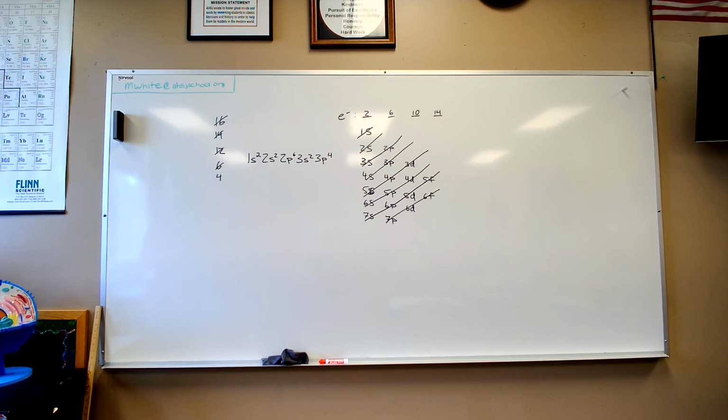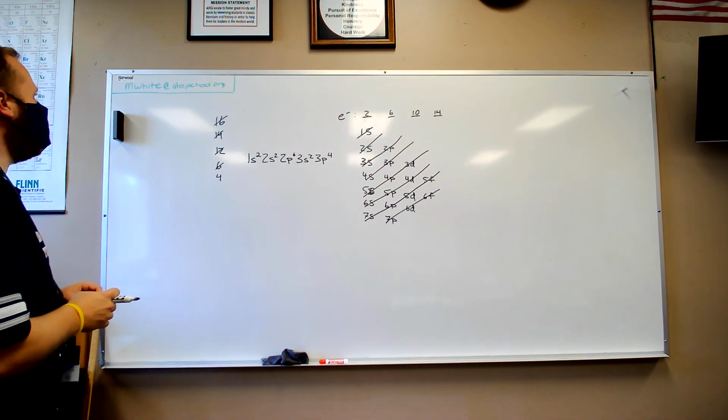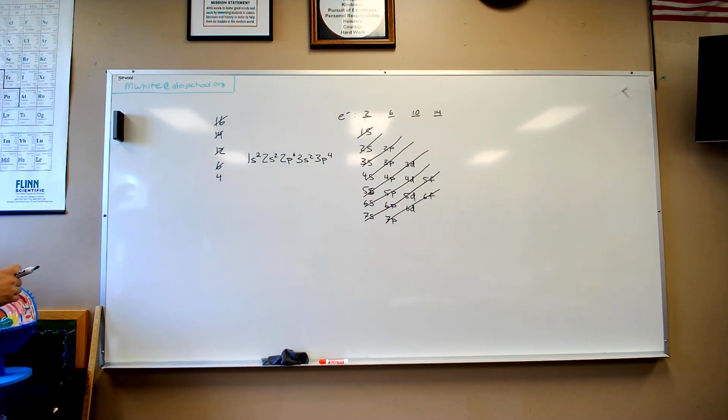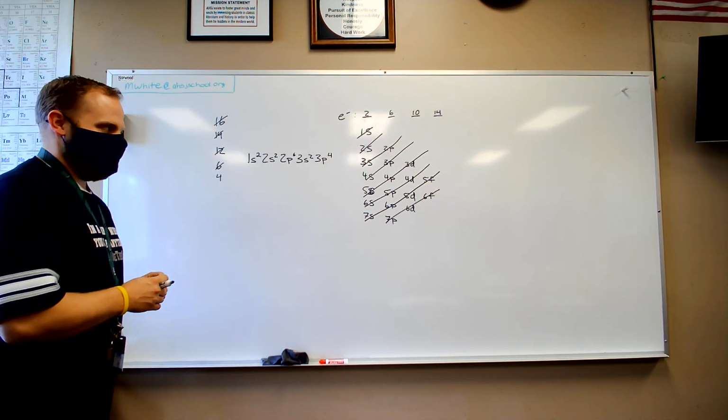Now we can shorten this a little bit. Remember, with our noble gas configuration. So if we look at sulfur on the periodic table, if we go up 1 level and then all the way to the right, that is a noble gas.